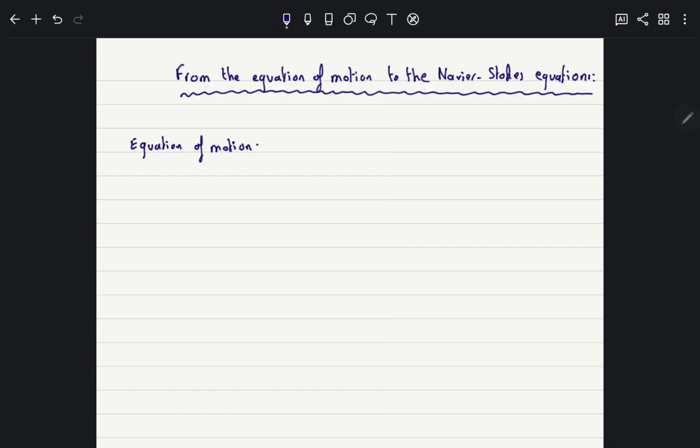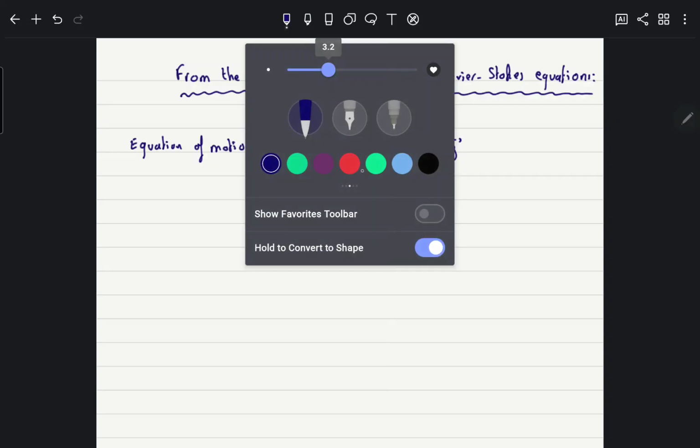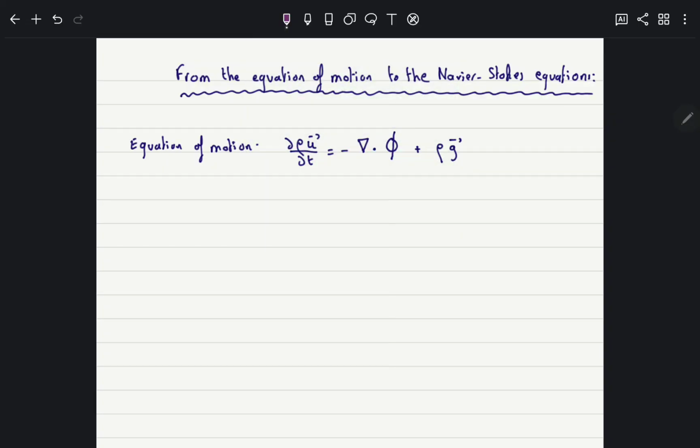So the equation of motion tells us that the partial derivative of the mass density times the velocity vector with respect to the time equals to the negative of the dot product between the nabla operator and phi here, which will represent our momentum flux, plus the mass density times the acceleration of gravity vector. Okay, so let me define each term.